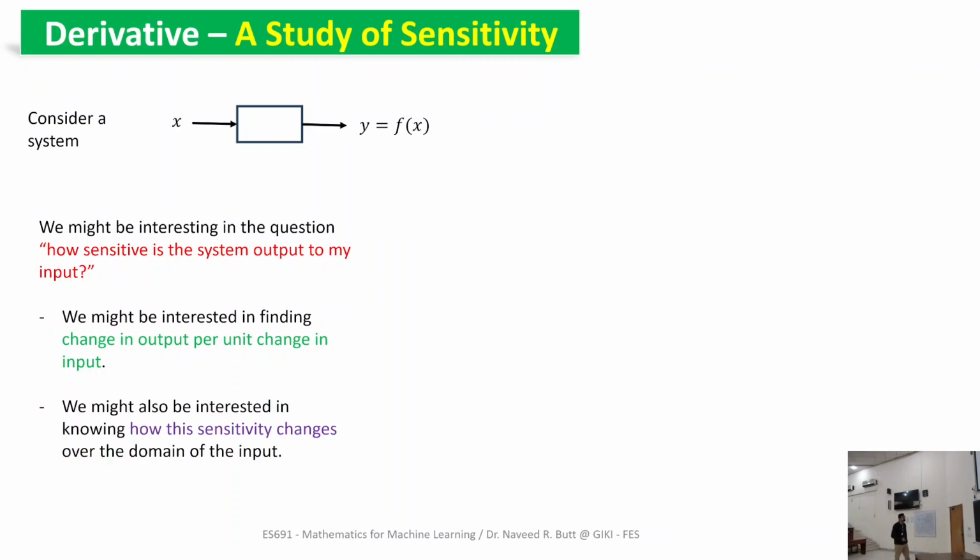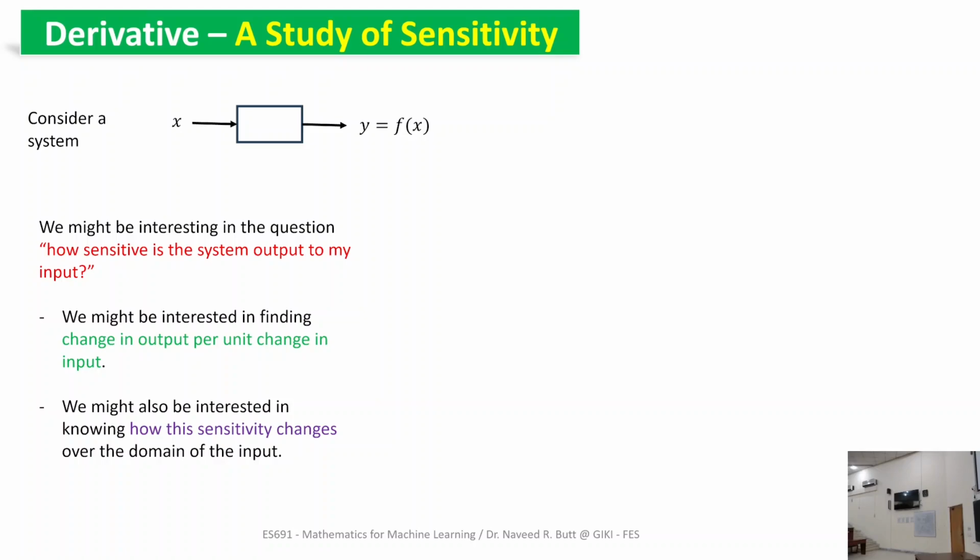Then we might also be interested in knowing how this sensitivity changes over the domain of the input, yeah. So, if I go from an input of 1 to an input of 1.5, of course, there is going to be some change, there is some sensitivity. But what if I go from an input of 10 to 10.5?